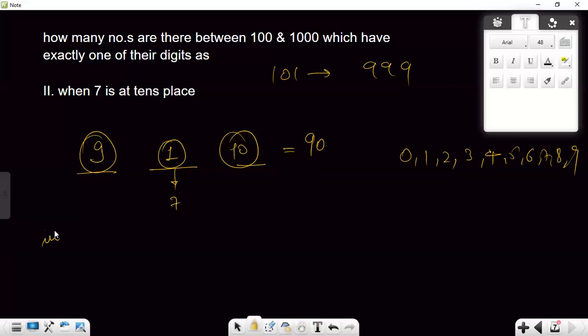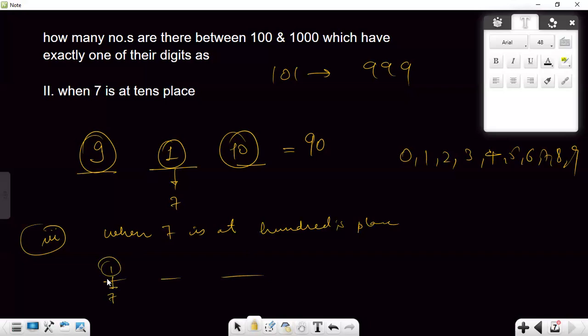There's another part in which it is asked when 7 is at the 100th place. Now this time things will change. 7, so one choice for filling this. How many choices for filling the other 2 places? 10 choices, 10 choices.